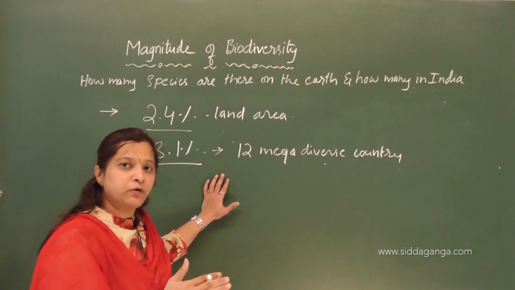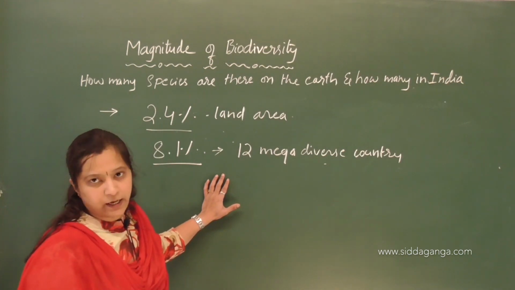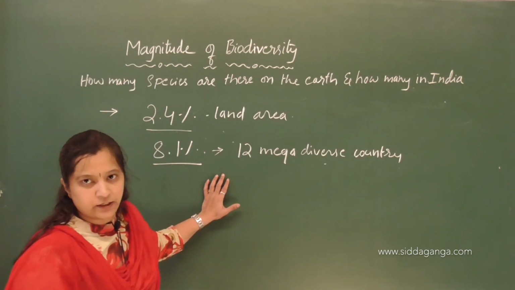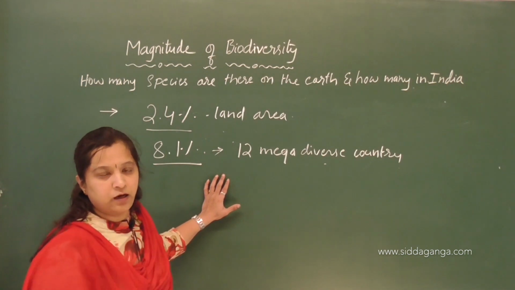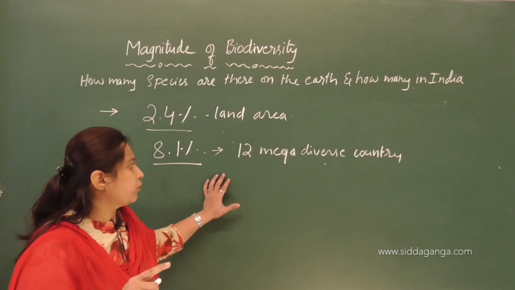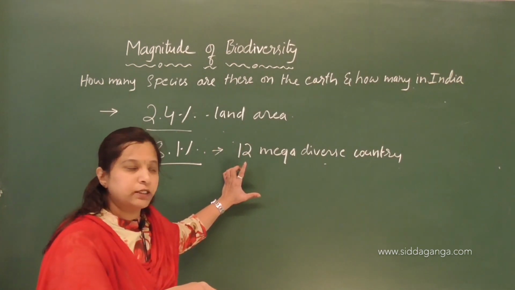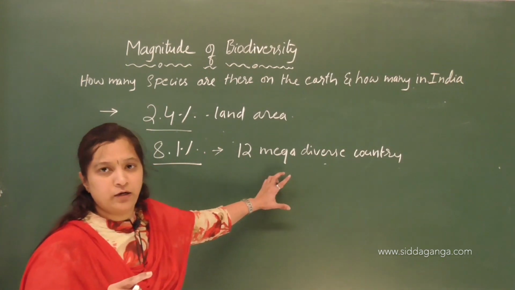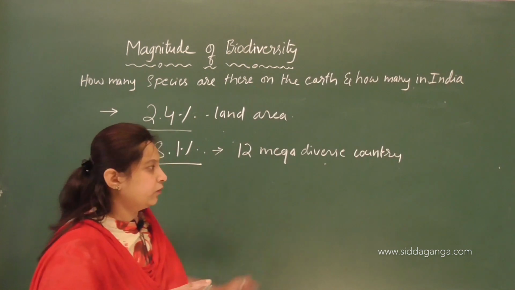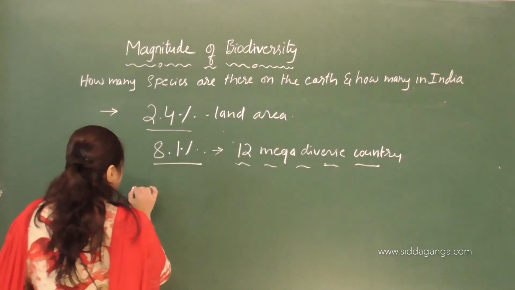Countries harboring most of the earth's species are considered mega diverse countries. There are 12 such mega diverse countries identified, and India is one among them. Because of its rich diversity, India is considered one of the 12 mega diverse countries of the world.